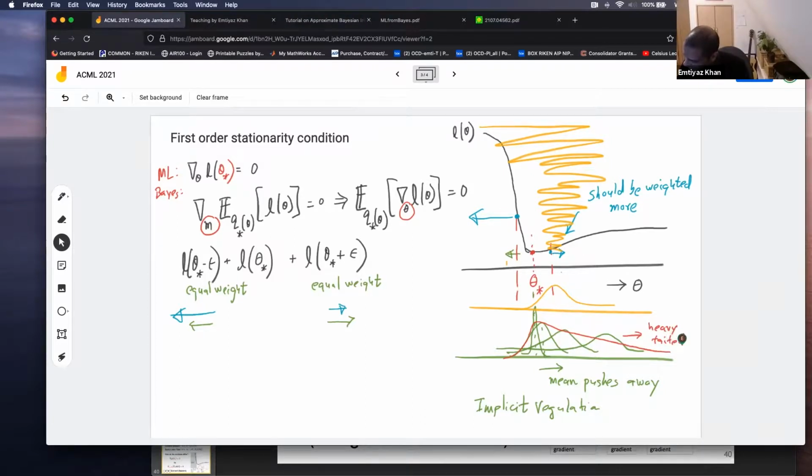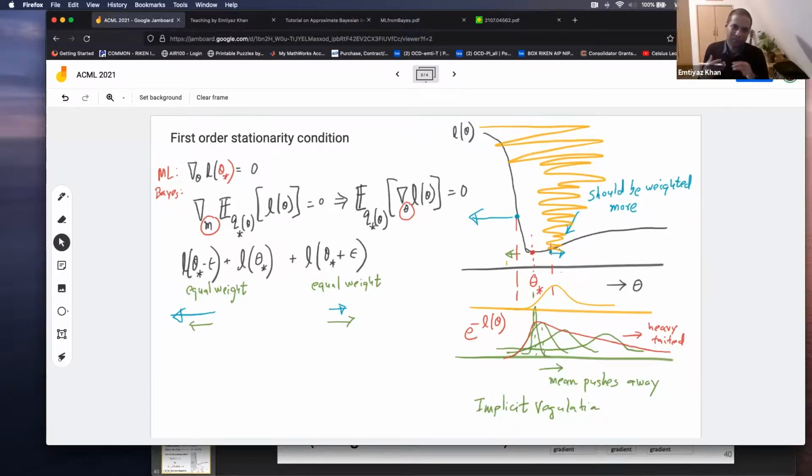Why? Because it's just e to the power minus loss. This is the Bayesian principle: whatever your loss is, you exponentiate it. You weight different theta according to this weight, and you should put less weight on the higher loss and more weight on the lower loss.